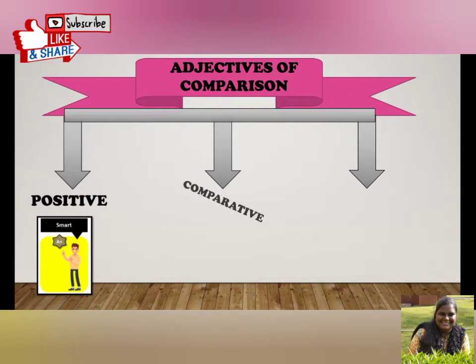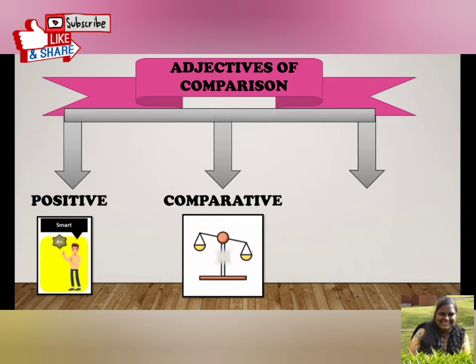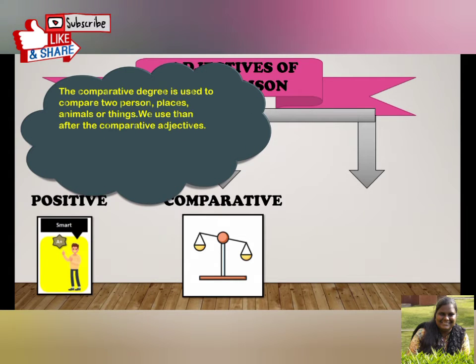The next degree is called comparative degree. What does the word comparative mean? When we are talking about two people and we say that one person is better than the other, that is where we compare. So when we talk about two things, we use the comparative degree.